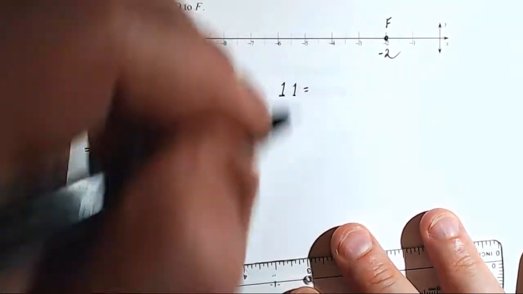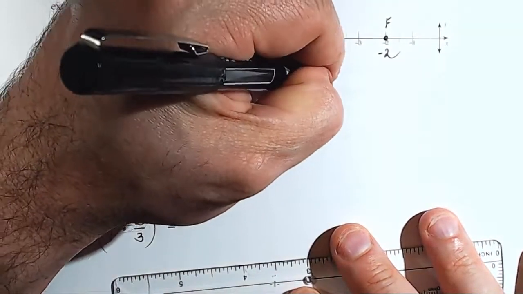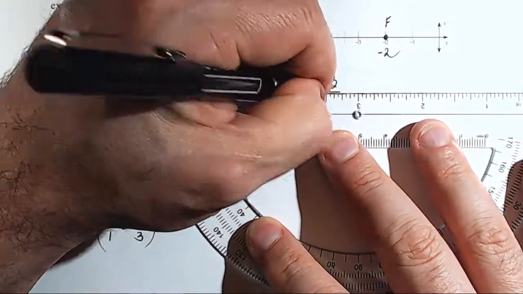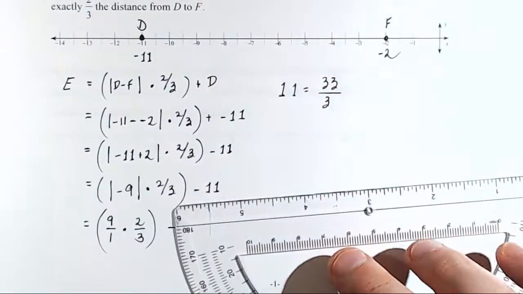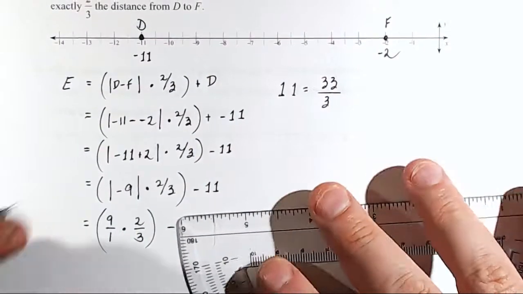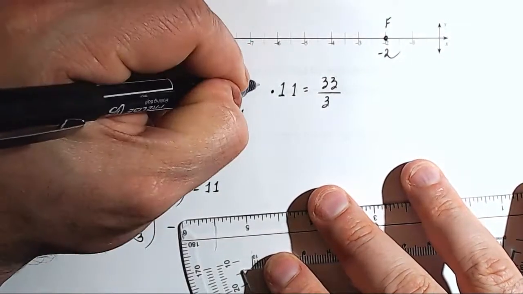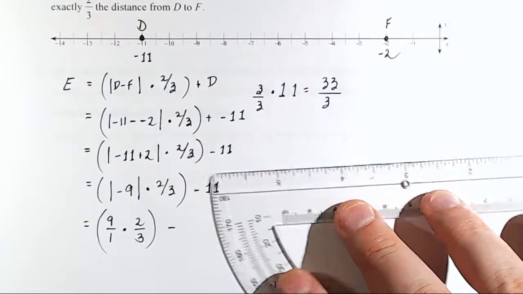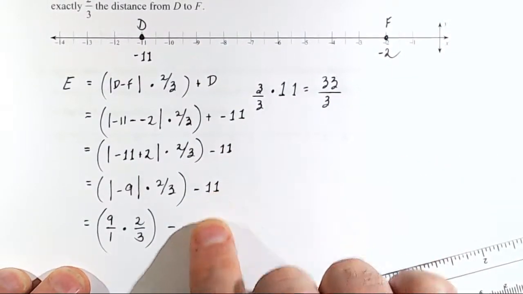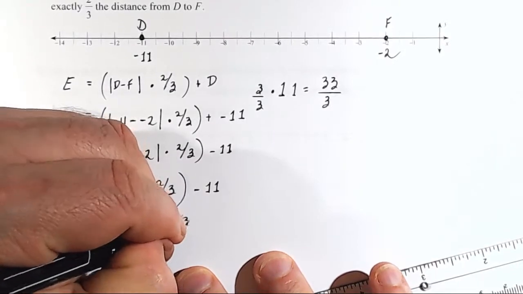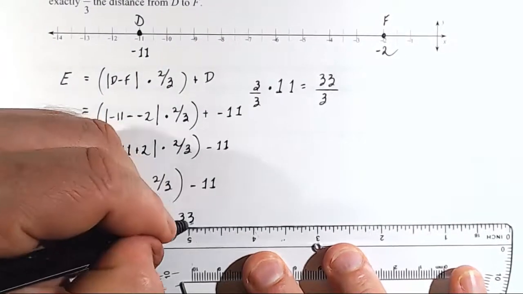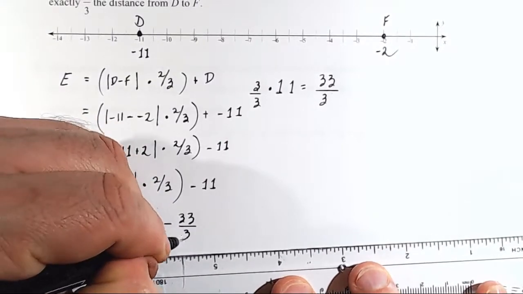So we'd say, well, 11 is also equal to 33/3. Okay? So what I did there is I just multiplied 11 by 3/3. All right? So we'll go in here, instead of writing 11, we'll write 33/3, because I know that I'm going to need a common denominator here in a moment.